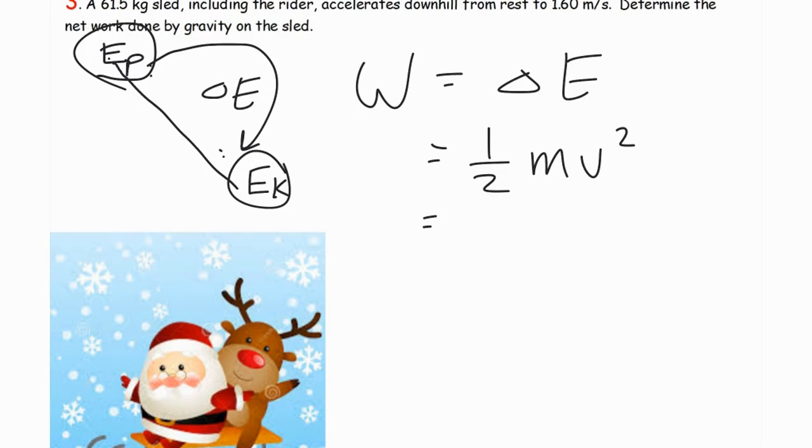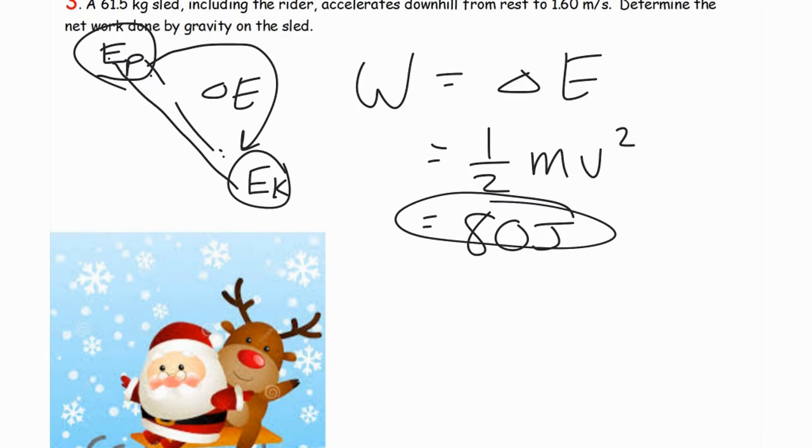So 61.5 divided by 2 times 1.6 squared is 80 joules of work. And because gravity's going down, and the energy is changing in that direction, that would be positive work.